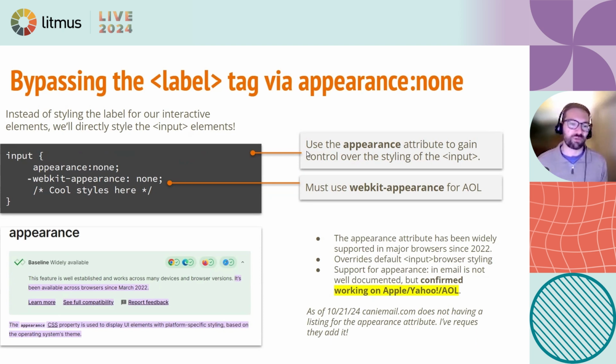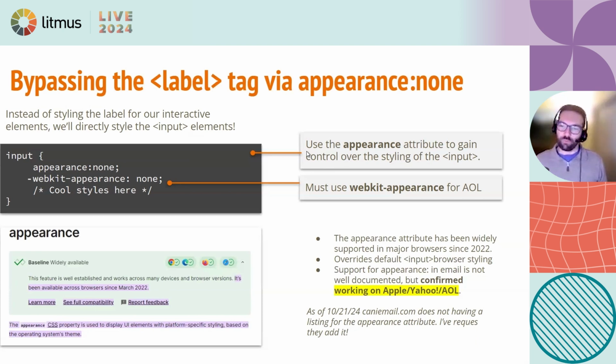In the case of a checkbox or a radio, it just makes it disappear, almost like you did a display none, except it's not display none, it's appearance none. And a side note for AOL and possibly Yahoo, my testing is a little inconclusive, but for AOL, for sure, you need to use -webkit-appearance none instead of appearance none.